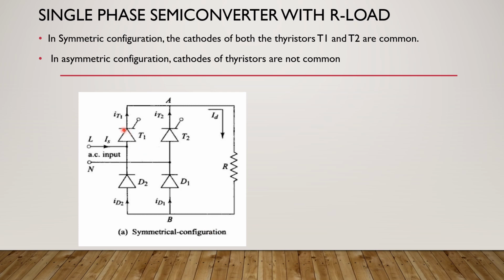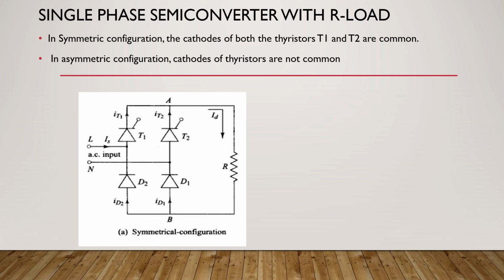Why? Because the two thyristors have got their cathodes common. So these two cathodes are connected to the point A, which is common. Now, this has got an advantage, symmetrical configuration. When the cathodes of the thyristors are common, it is easier to give the gate signal because normally the gate signal of a thyristor is given between the gate and the cathode.